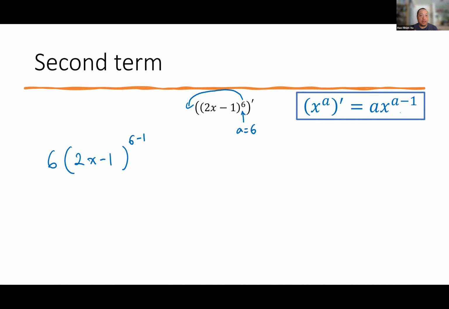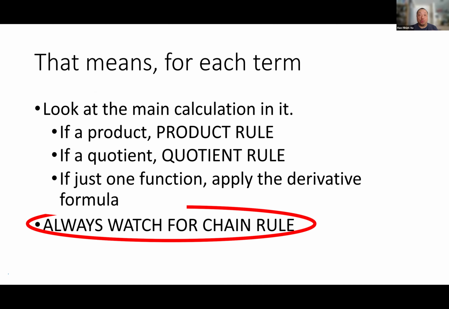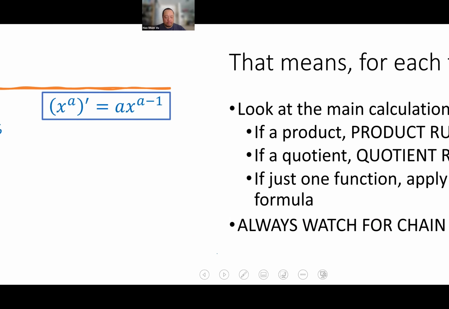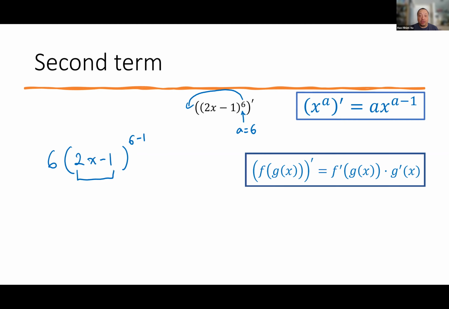Am I done? I'm not done, because going back to this slide, it says always watch for the chain rule, always watch for f of g of x. Always watch for whether there's something going on inside the parentheses. Yes, there is something going on inside the parentheses. So I have to apply the chain rule. I have to multiply by the derivative of the inside.